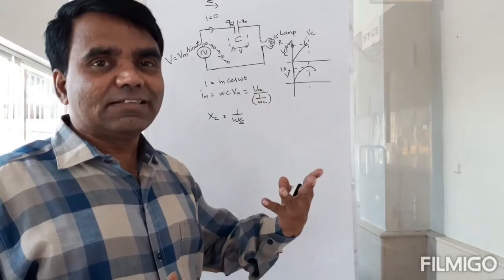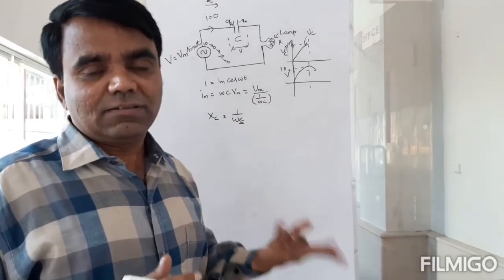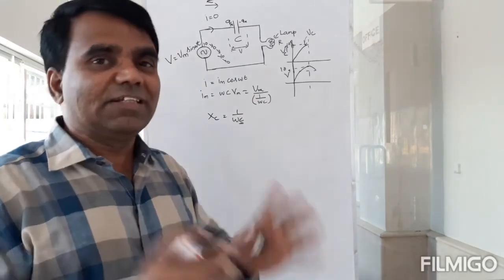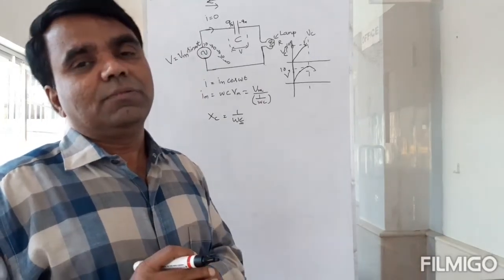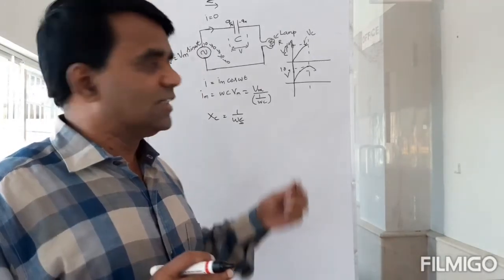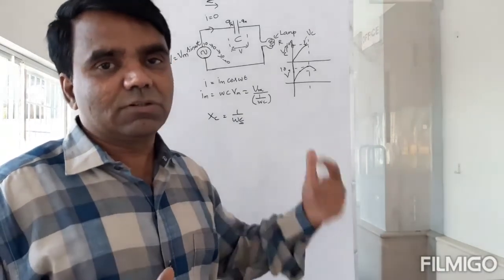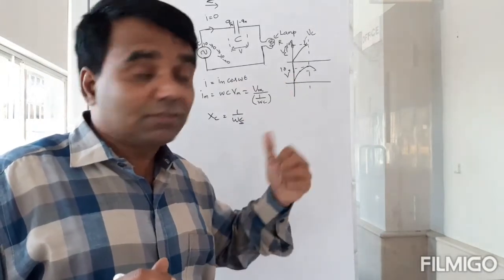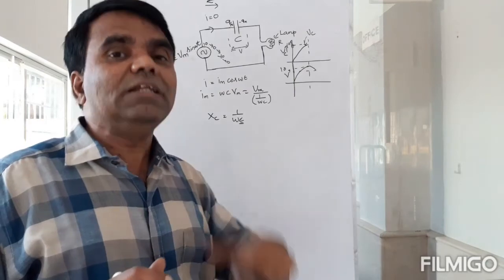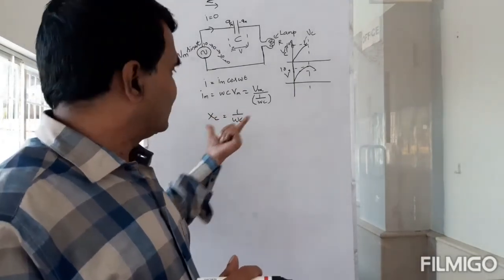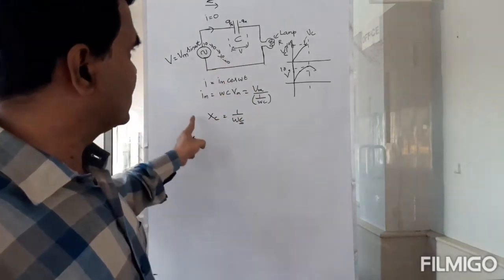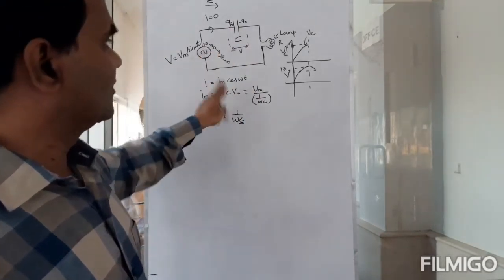Like if resistance increases for a particular voltage, the current will decrease. Likewise, if the reactance increases, the current will decrease. So you can explain that using this or using this.